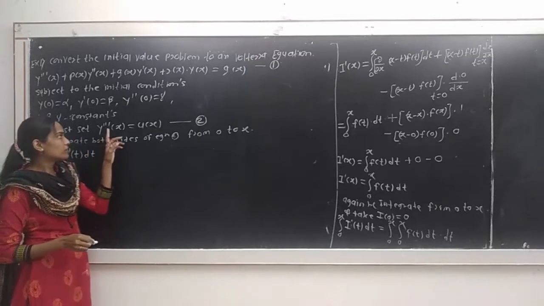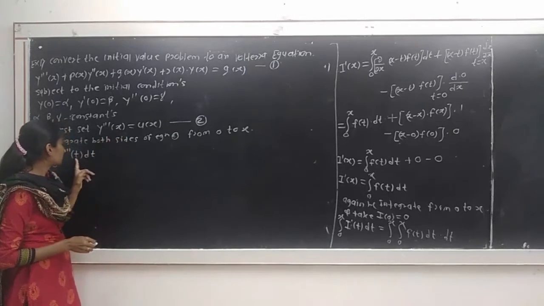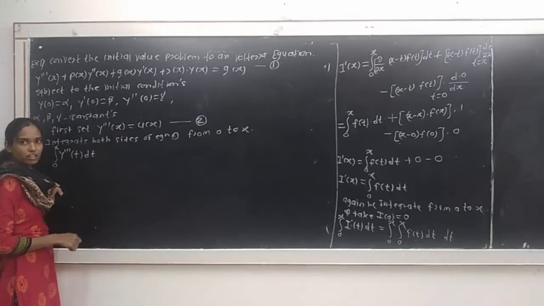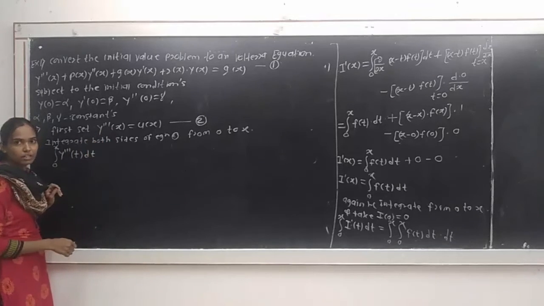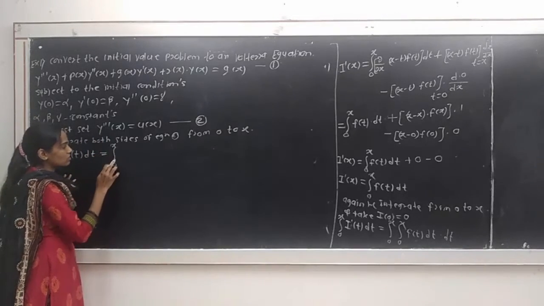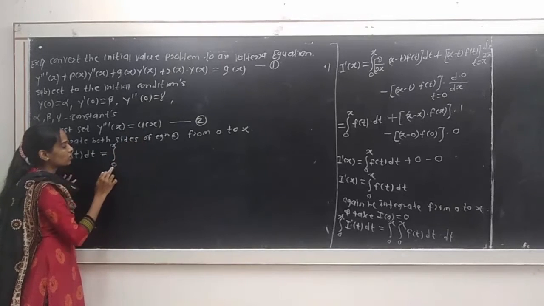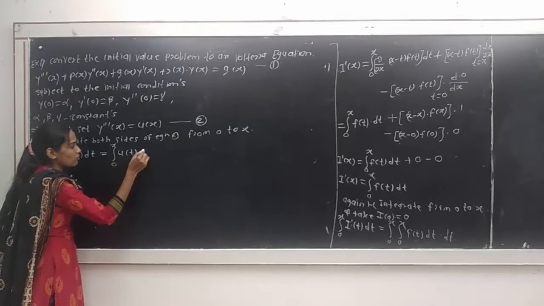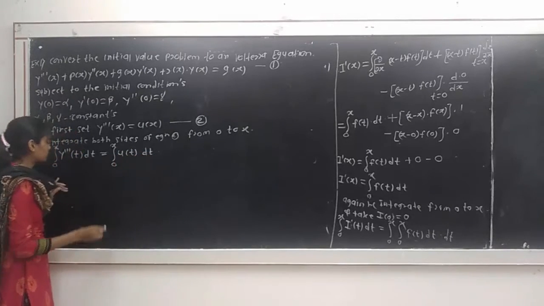Here, instead of the variable x, we consider t, because the limit x and the variable x should not be confused. Similarly on the right-hand side, integration from 0 to x, here we consider the variable t, of u of t dt.